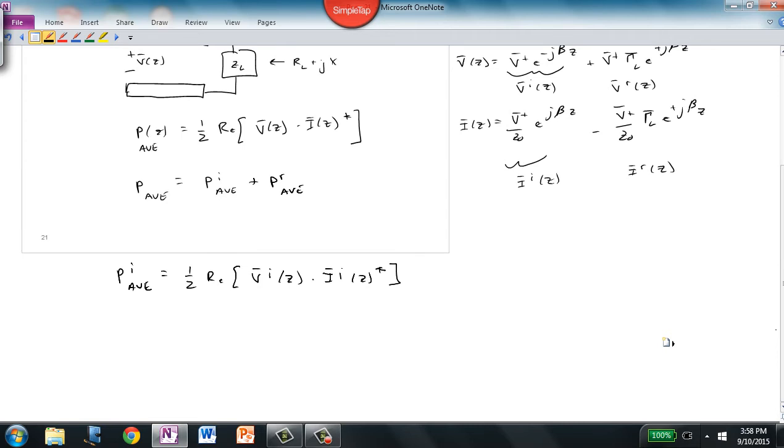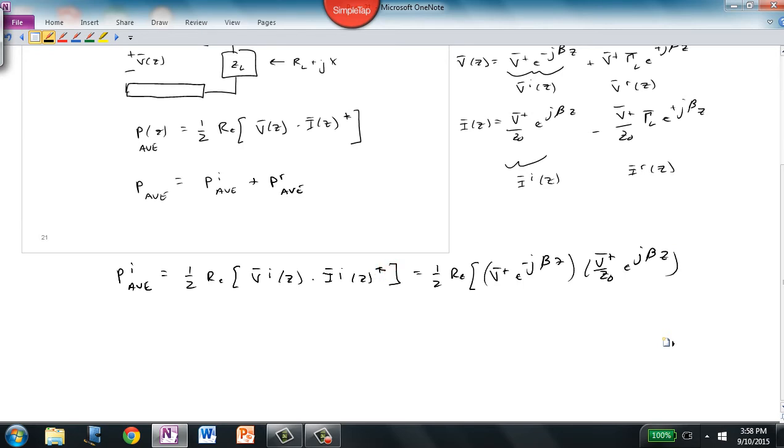So we can substitute these two equations into here. So that's equal to 1/2 times the real portion of V bar plus e to the minus j beta z. So that's the first term. Then we need to multiply it by I bar incident of z, which is just this term right here, V bar plus over Z0 e to the minus j beta z.